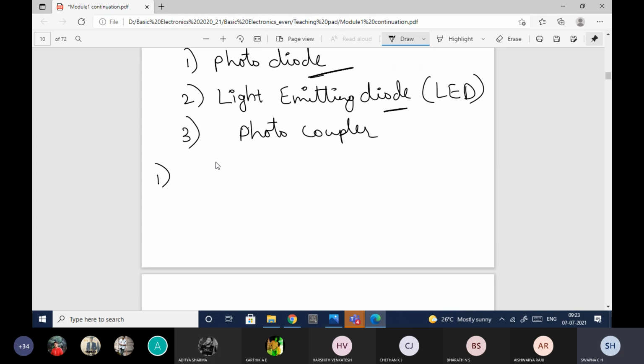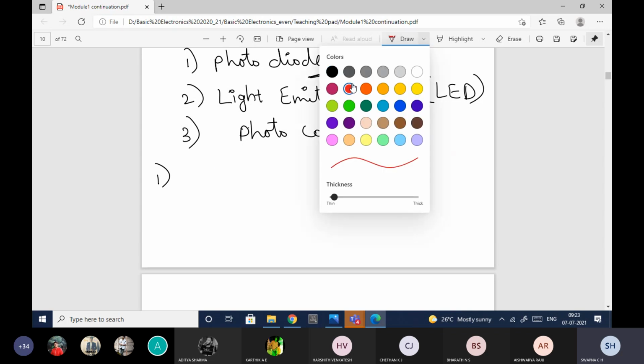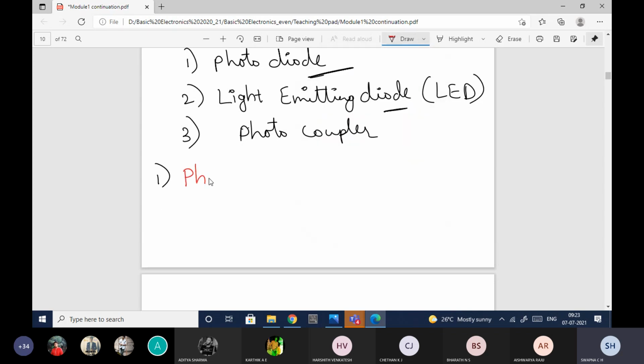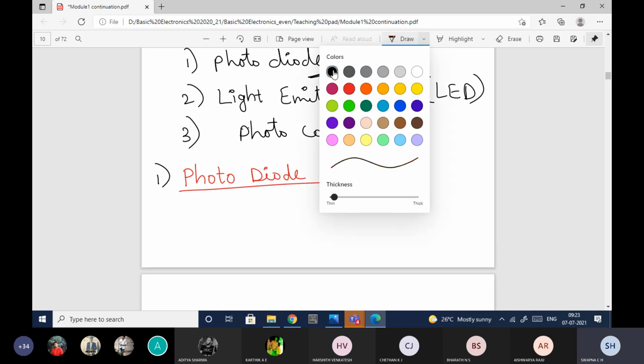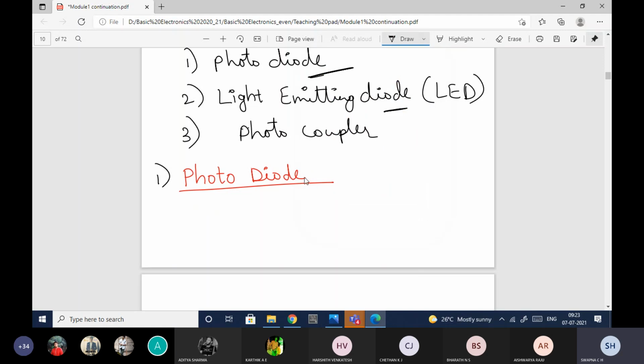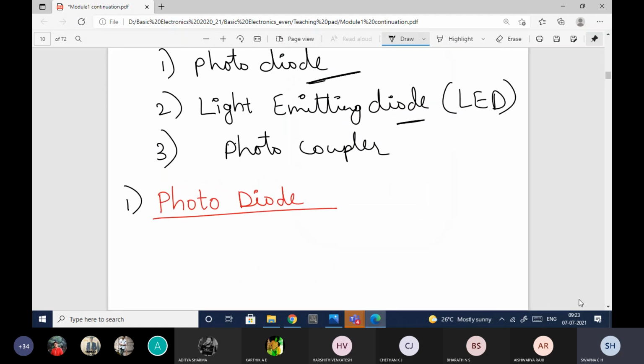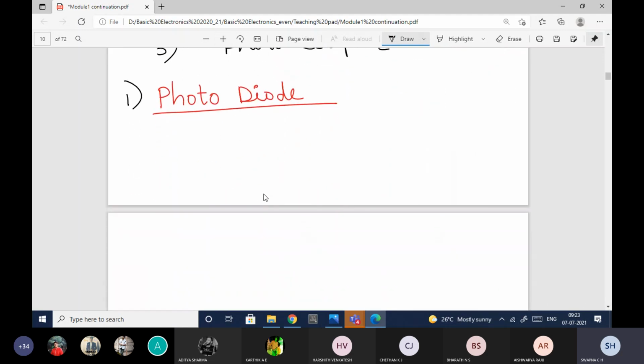So first we'll go with the photodiode. What all you know related to photodiode? Anything you know related to the photodiode? Tell me. As I've mentioned, there is no right answer, wrong answer.